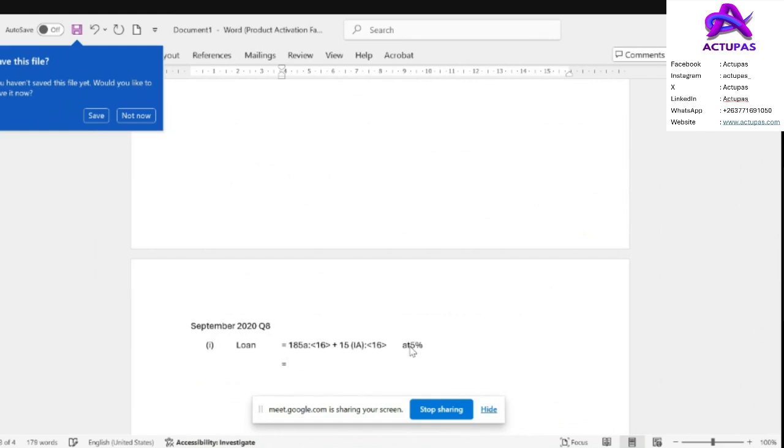So we can then use our tables to find a16 and the increasing annuity. This can be found from the formula booklet.